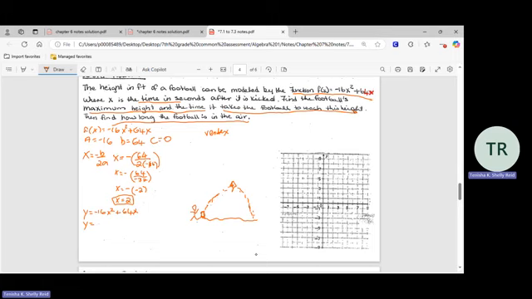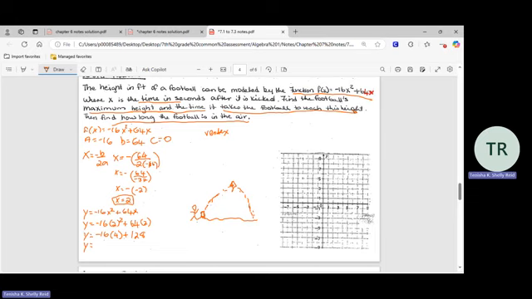So y is equal to negative 16 times 2 squared plus 64 times 2. Y is equal to negative 16 times 4 plus 64 times 2, which is 128.